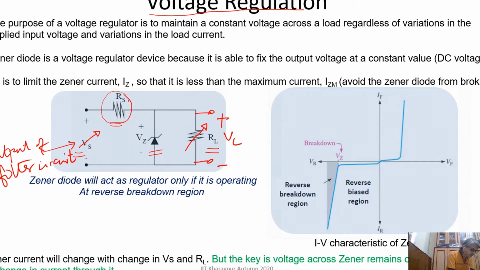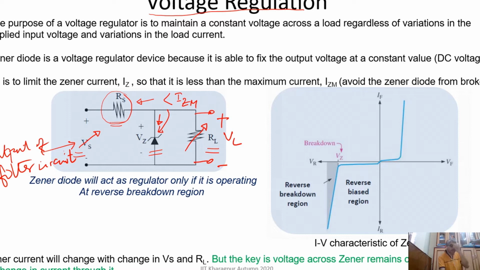Now this voltage regulation block contains this RS resistance. This resistance is required to keep the current through the Zener below IZ max. This is the current through the Zener, and the maximum current it can carry is IZM or IZ max. If you buy a Zener diode from the market, you will see in the specification sheet they have mentioned the maximum current handling capacity of the Zener when it is in reverse bias.